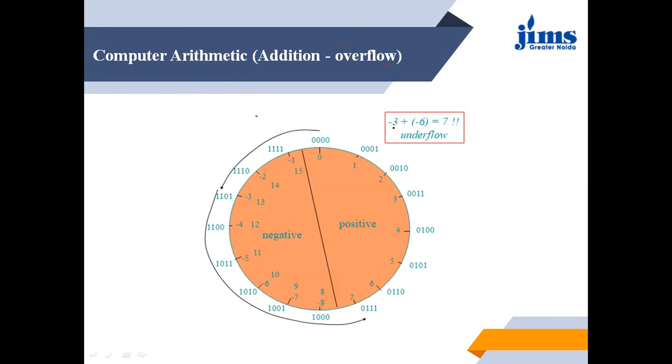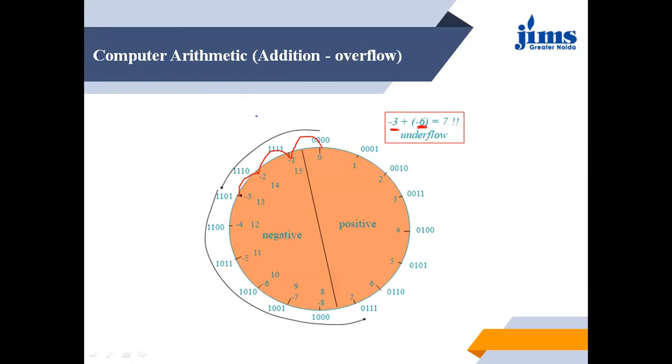When we have to approach minus 3, then we have to go 3 steps in negative numbers. So this is 1 step, 2 step, and 3 step. After that, this is also a negative number, keep in mind. So we also have to go in the same direction 6 steps ahead.